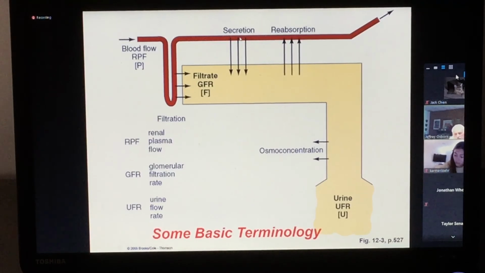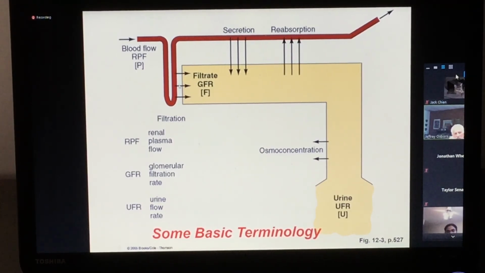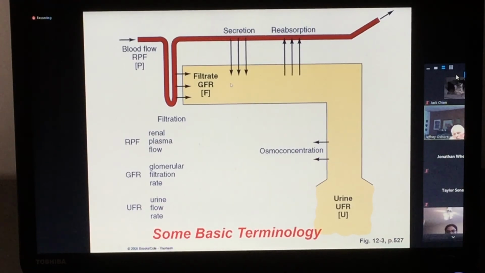Secretion. Anytime I use the word secretion, that means moving fluid from the capillaries into the tubule. If I say the word filtration, I'm moving fluid from the glomerular capillaries into the tubule.